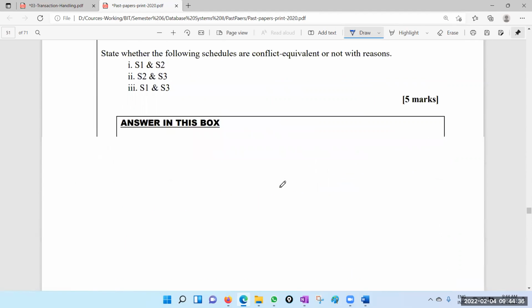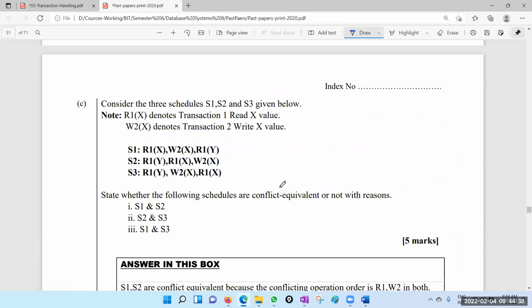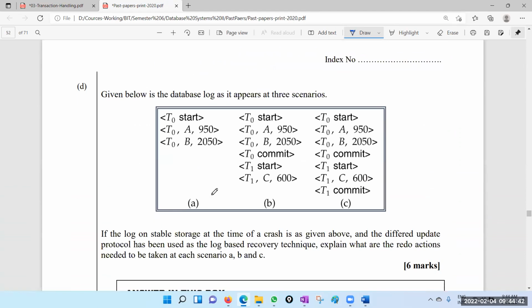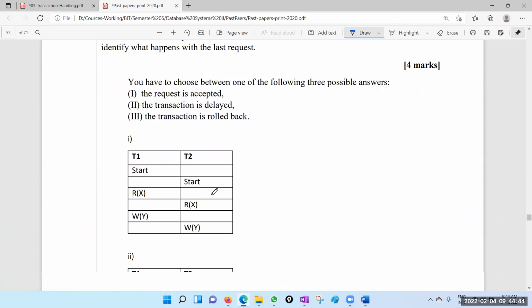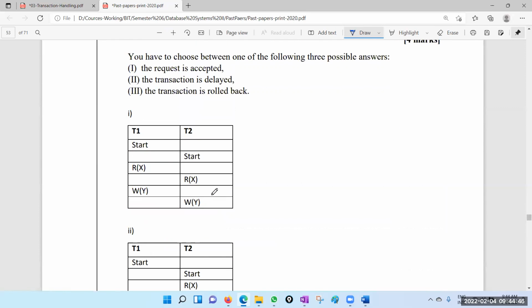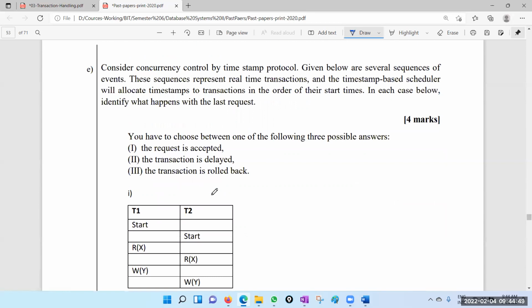This is a precedence graph; we did this kind of thing. This is a recovery question. This is again the timestamp protocol, so we have not done that yet.